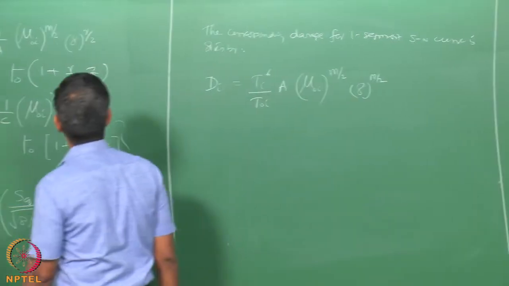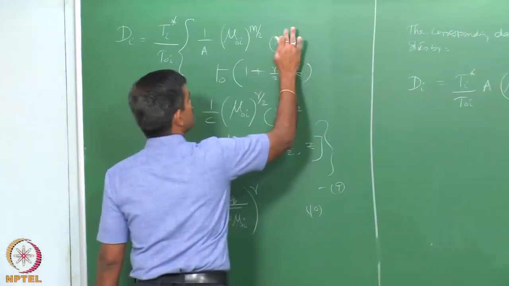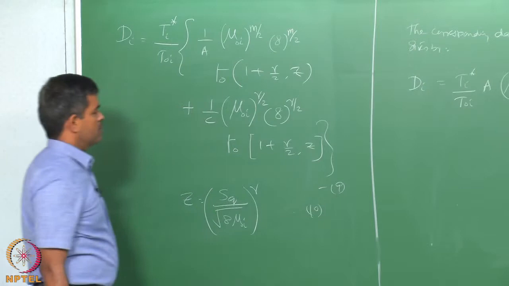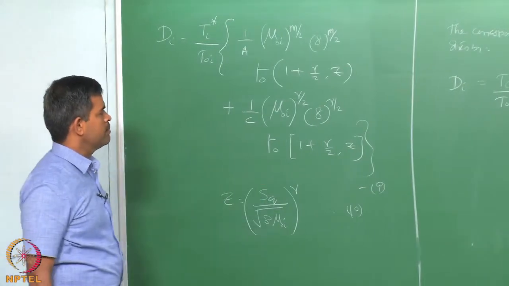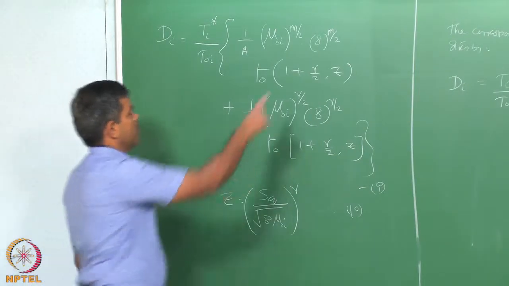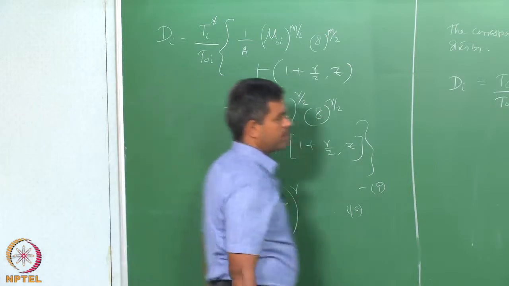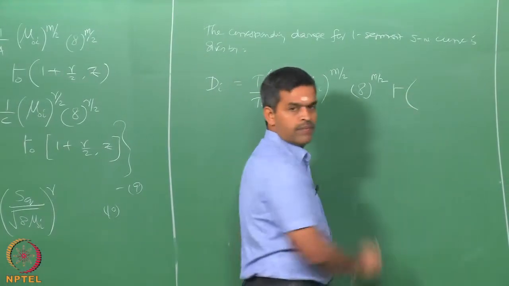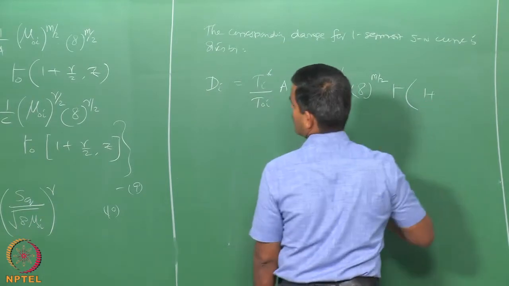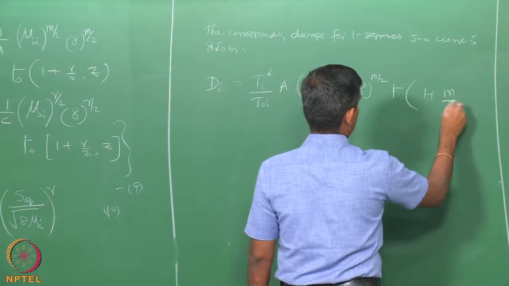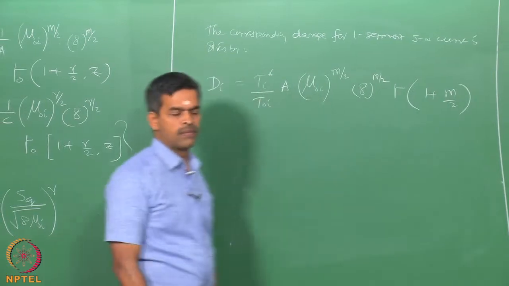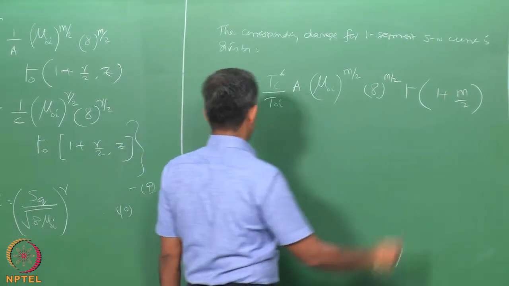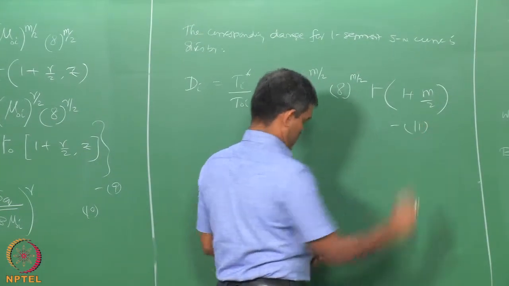In fact, in this equation also this should be m by 2. Please make a change in equation 9, it should be m by 2. The slope is m and the slope is r here, m by 2 gamma function 1 plus m by 2. So, equation number 11.